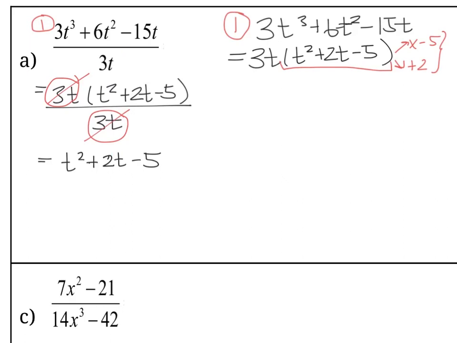So these two graphs are going to look exactly the same, except there's going to be a hole right where t is equal to 0. So we've got to also list our restrictions. We're going to put a comma, but t is not allowed to equal 0. So one more time, these two rational expressions are equivalent as long as we also include the restriction.